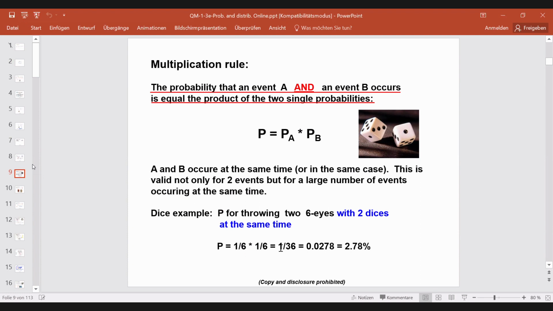So this is an example for the multiplication rule. 2.78% is the probability to get a 6 on the first dice and a 6 on the other dice. This means the total probability to get 6-eyes with both dice is 2.78%.